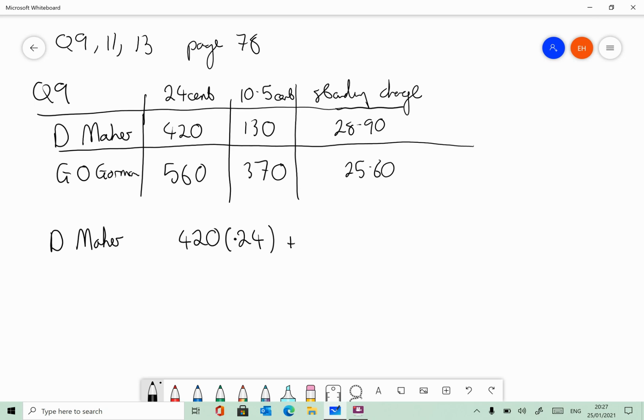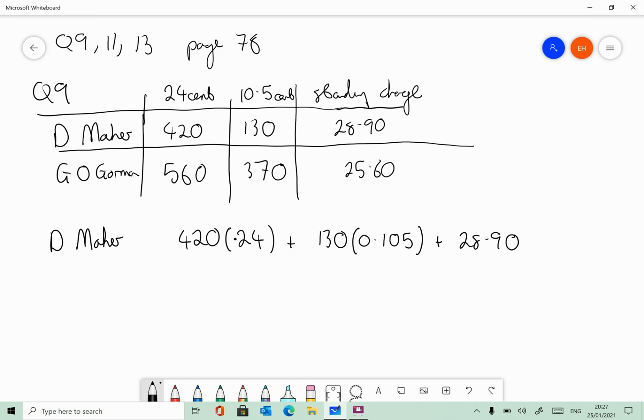He also uses 130, at 0.105 euro, which is what 10.5 cent looks like as a euro. And then, because he's connected to the national grid, he's also going to have to pay 28.90.